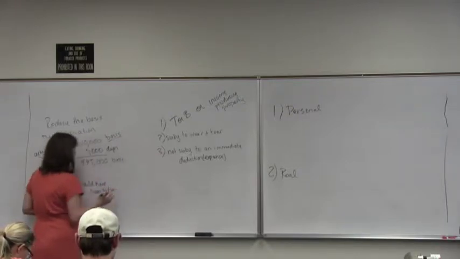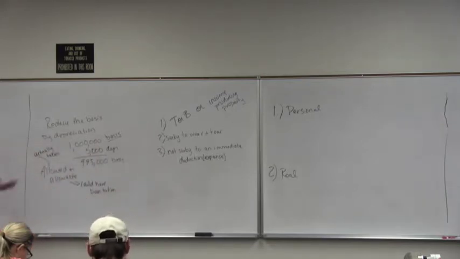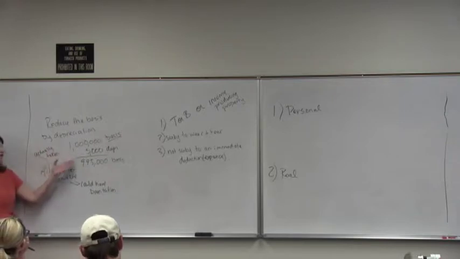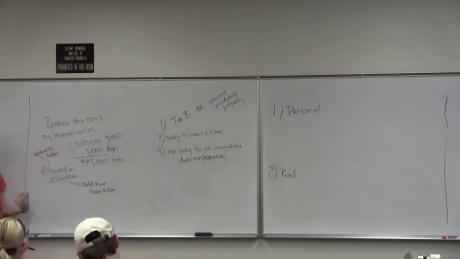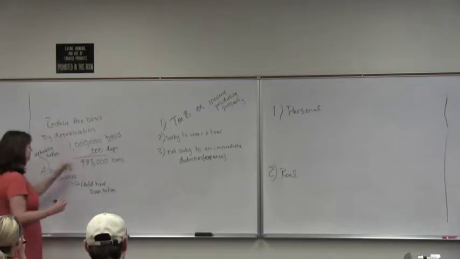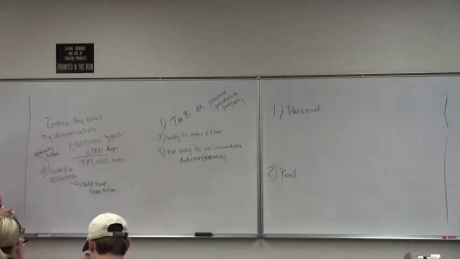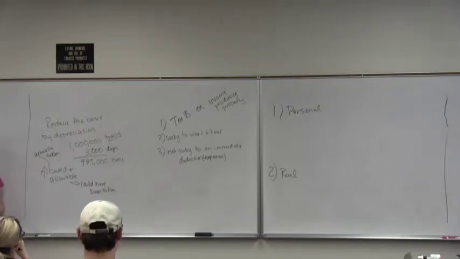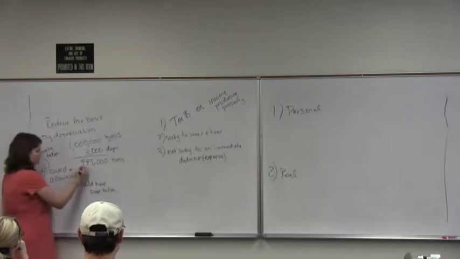So if you have a taxpayer who decides they don't want to take $5,000 of depreciation, they only want to take $3,000, the code says that we still have to reduce their basis down to the amount that they could have taken, which is $995,000.